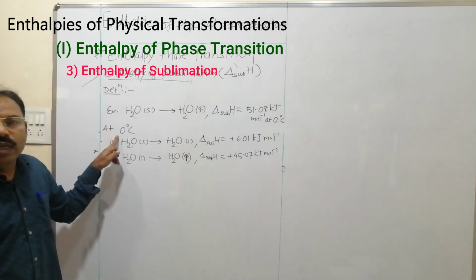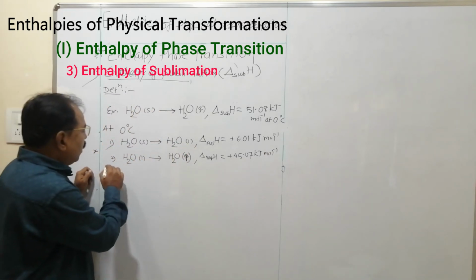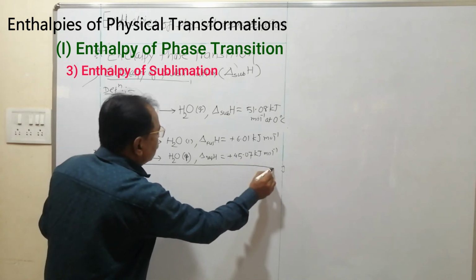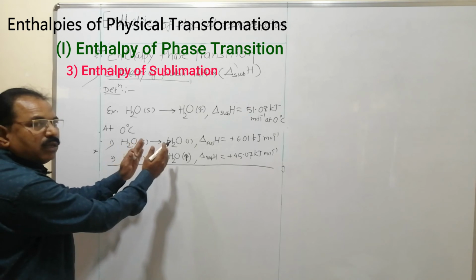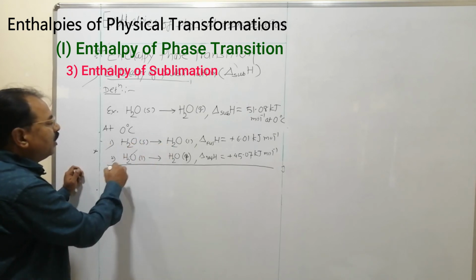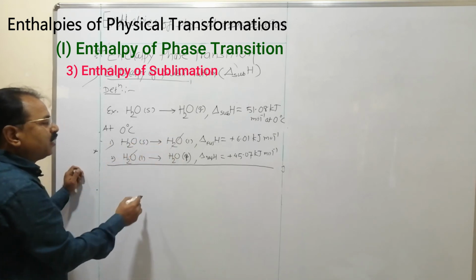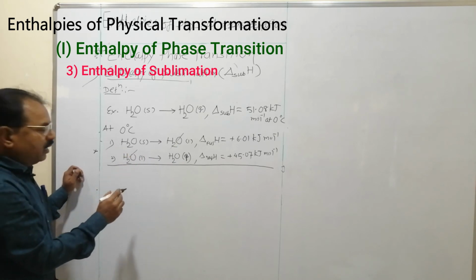Both are at 0 degrees Celsius. Now the net reaction: cancelling commons here, liquid water gets cancelled, right side also liquid water gets cancelled. Write the remaining part as it is.